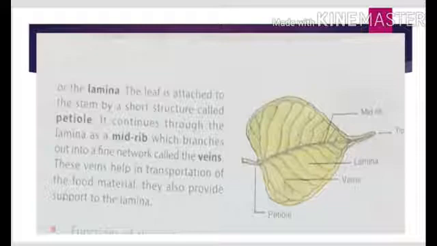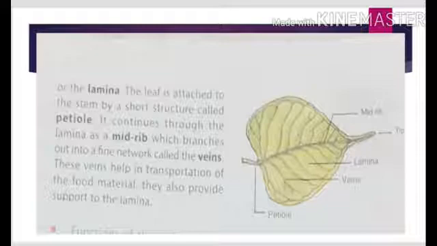Next part is petiole. What is petiole? Petiole is the short structure by which a leaf attaches itself to the stem. Third part is midrib. What is midrib?